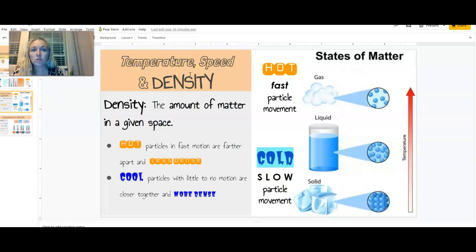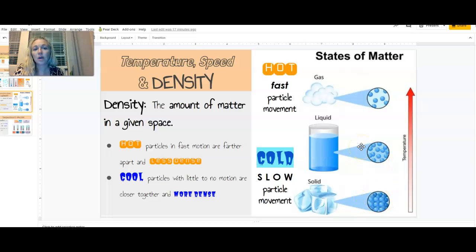So cold is slow moving particles and hot is fast moving particles. Also, the faster particles move, the farther they move apart, which makes some sense. You probably have learned a little bit about your states of matter, and that the molecules in different states of matter have to do with their temperature and how close together or far apart they are. So if you have something that's hot with far apart moving molecules, then it's going to be less dense. And something that is cold with close together molecules is going to be more dense.